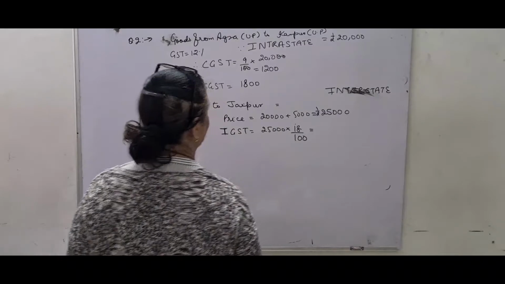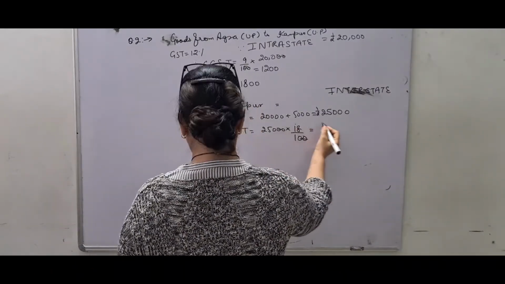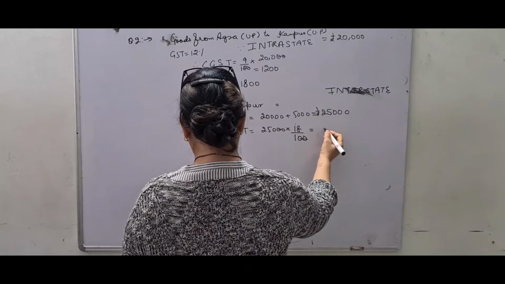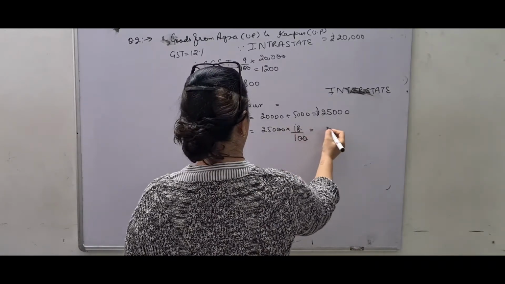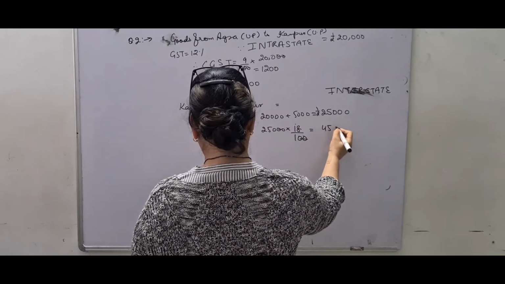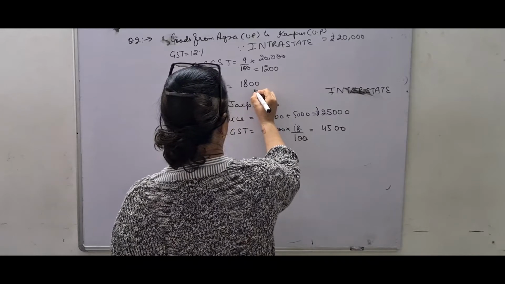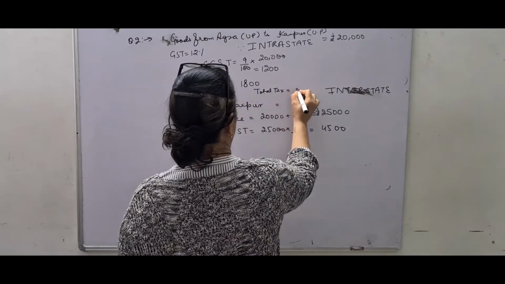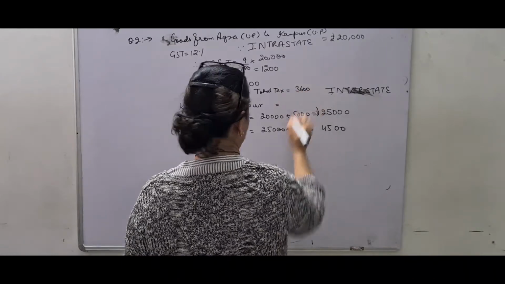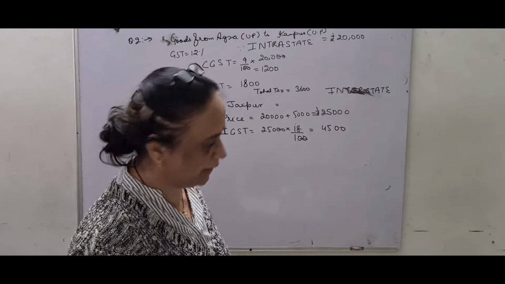In IGST, you have to pay the tax directly to the government. So IGST will become 4,500, and in the above, total tax will be 3,600. Now the question is, what is the net GST payable by the dealer at Kanpur?